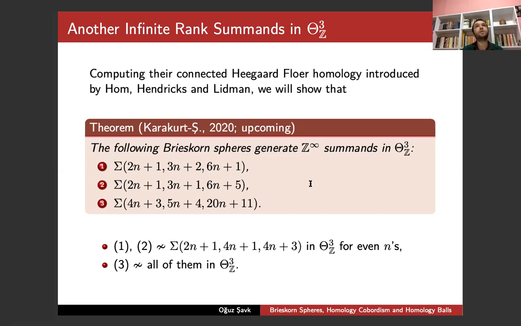Another interesting question would be this: if you think of Brieskorn spheres as a subgroup of the homology cobordism group, you may ask whether Brieskorn spheres generate the whole group or not. And actually today, some people gave a negative answer to this question.